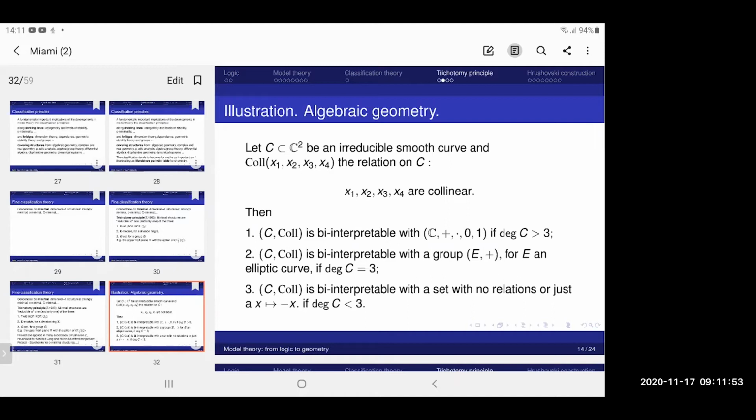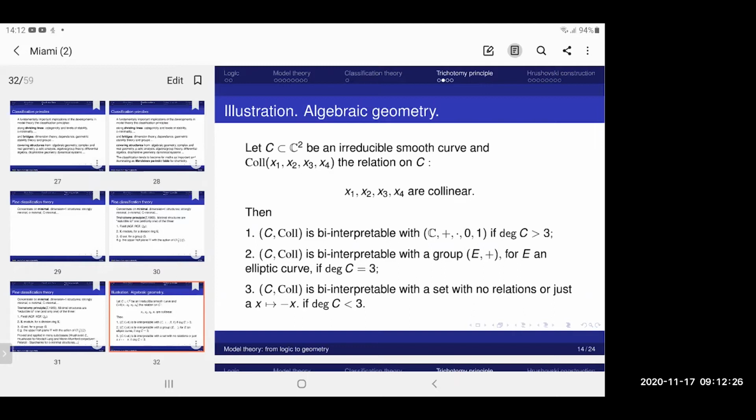Well, it doesn't matter that this is an affine plane over the complexes. It works with any algebraically closed field. So it is useful to assume that the curve is irreducible and smooth, and we set a structure on this curve. So the curve for us now is just a set.